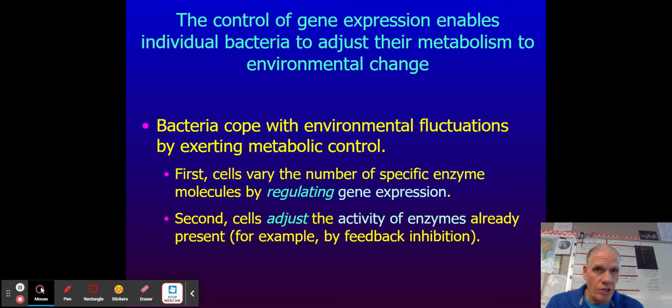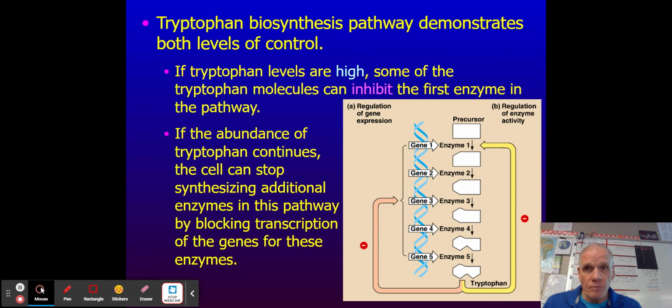We can either turn on a gene, create a protein, or we can adjust the metabolic activity within the cytoplasm of a cell by adjusting enzyme activity too. Okay? So this adjustment of enzyme activity is generally by negative feedback inhibition. Okay, and the tryptophan biosynthesis pathway demonstrates both levels of these controls.